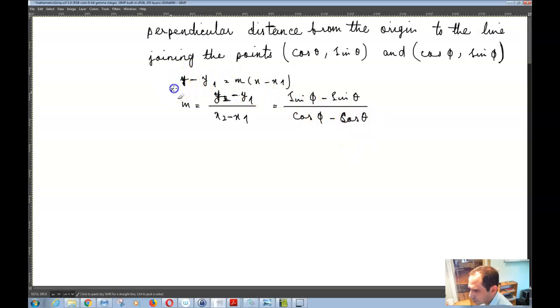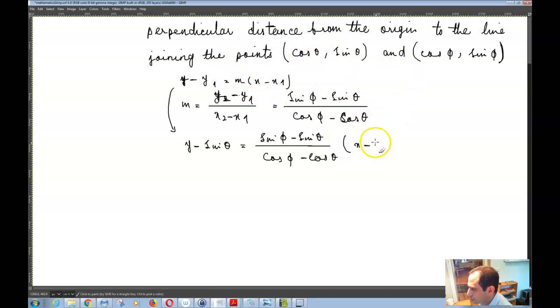And so the equation of the line becomes, I take this point over here as x1, y1. So then I can write y minus y1, which is sin theta, is equal to this m, which is sin phi minus sin theta over cos phi minus cos theta, times x minus x1, which is cos theta.